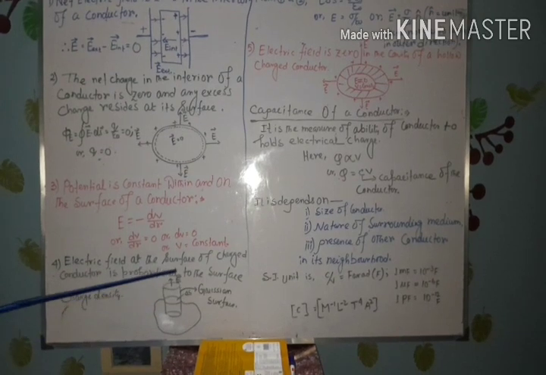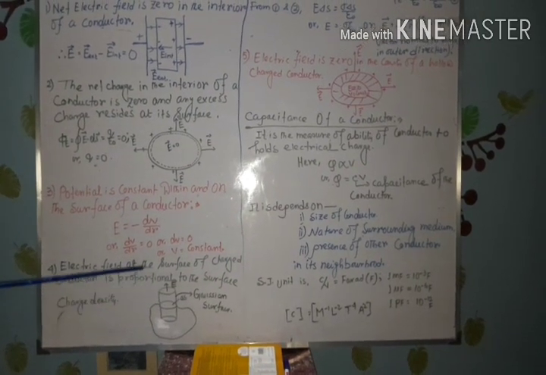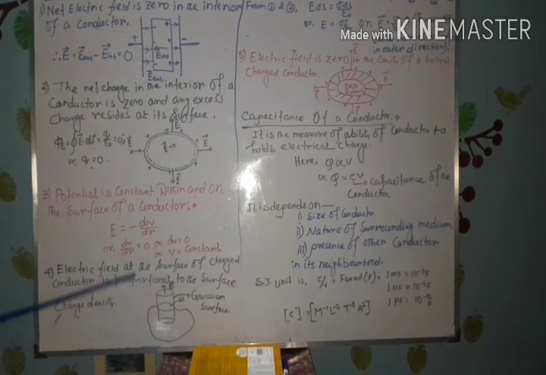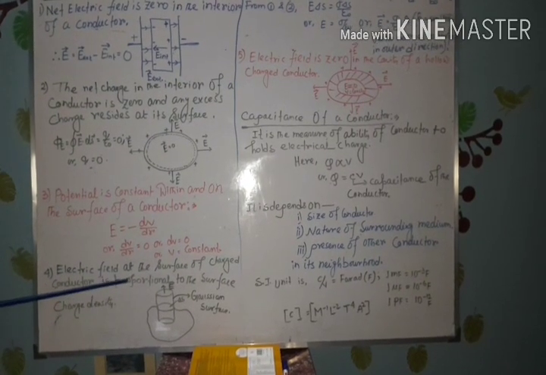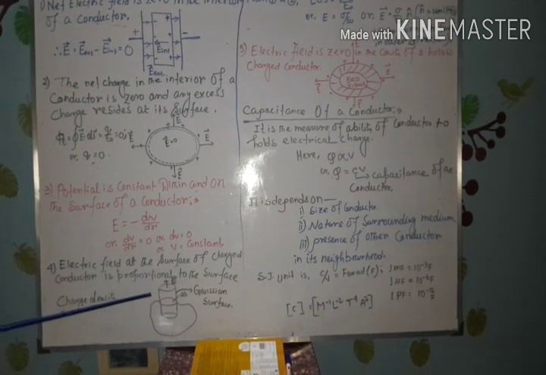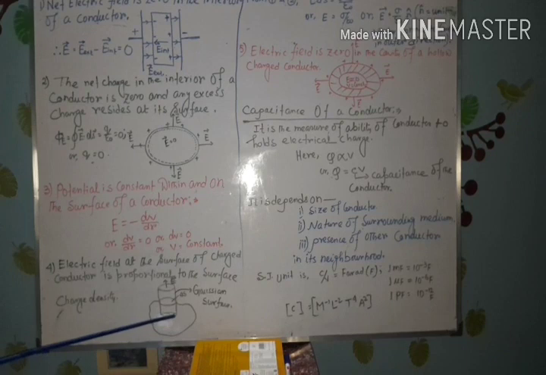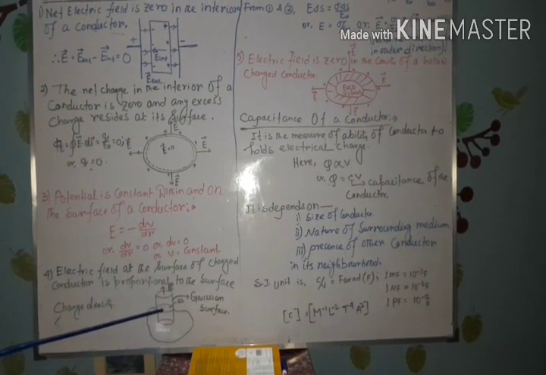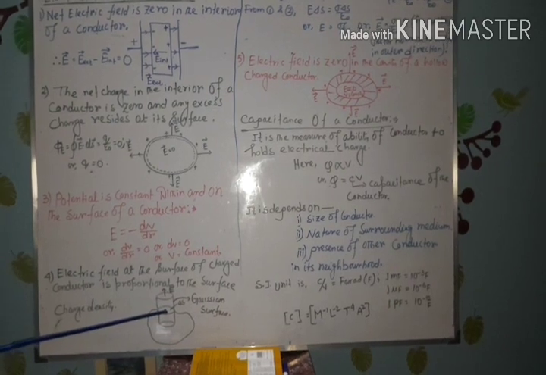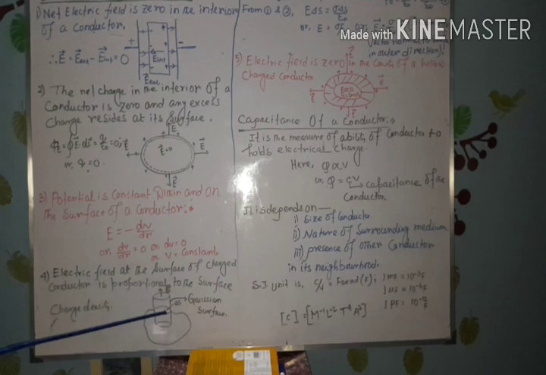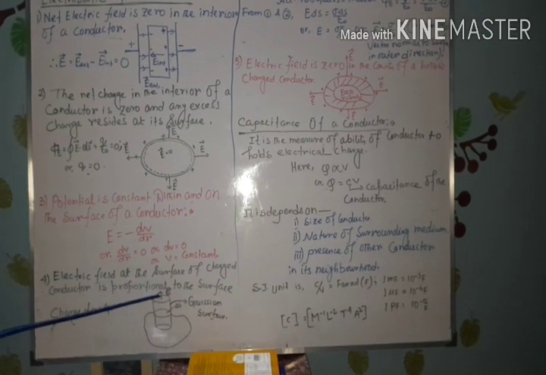At any point on the surface of this conductor we want to determine the electric field, for which we consider a small pillbox type cylindrical Gaussian surface about the point. Some part of this pillbox is within the conductor and some part outside the conductor.